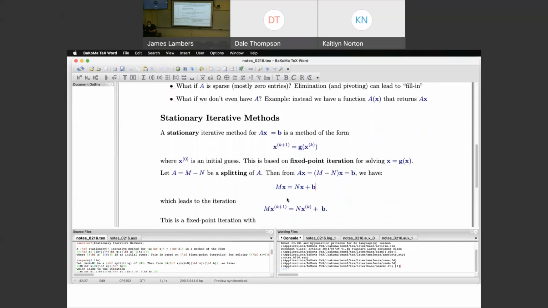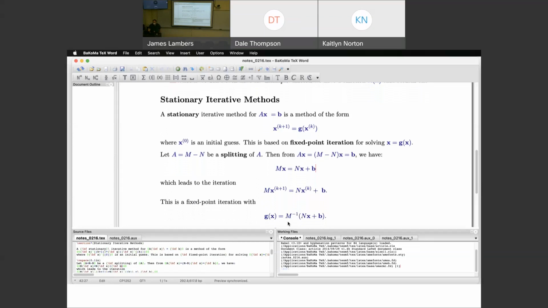I can substitute my previous x into the right side, solve for a new x on the left side, and use successive substitution to hopefully converge to the exact solution x. So the function g in this case is M inverse times this right-hand side.